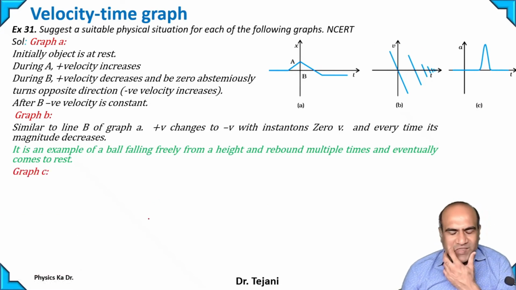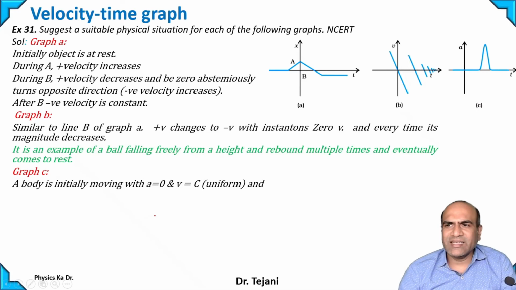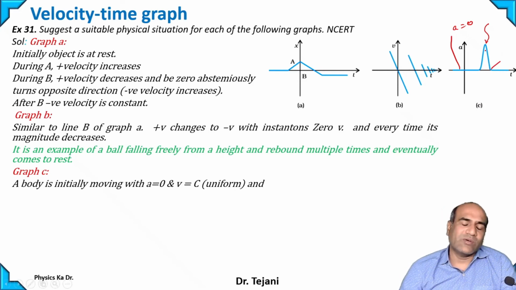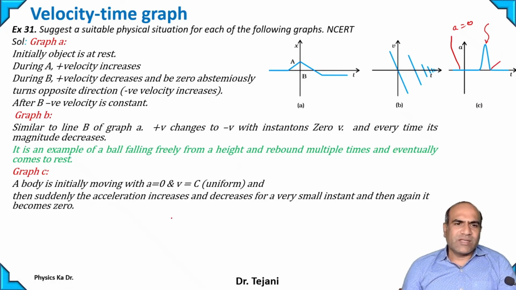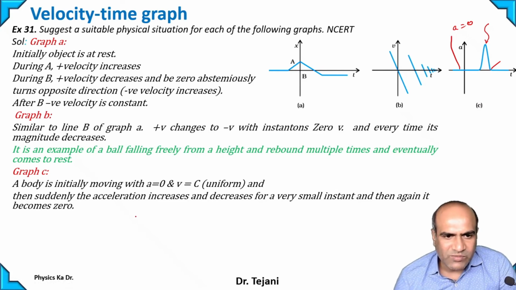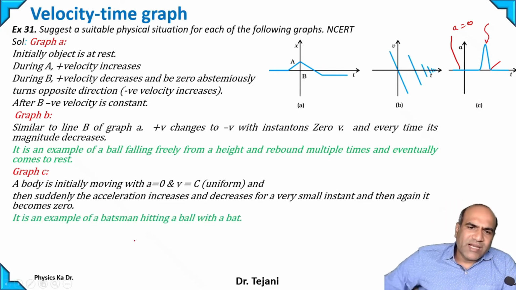In graph number C, we can see initially acceleration is equal to zero, and then suddenly at this point acceleration increases like a pulse, becomes maximum, and then goes to zero. An example is a batsman hitting a ball.